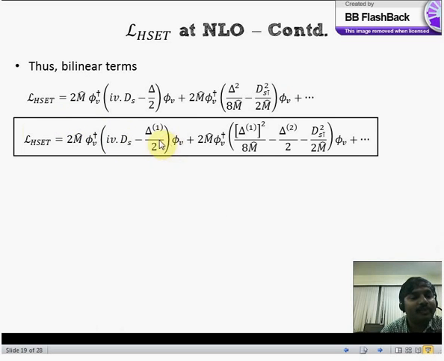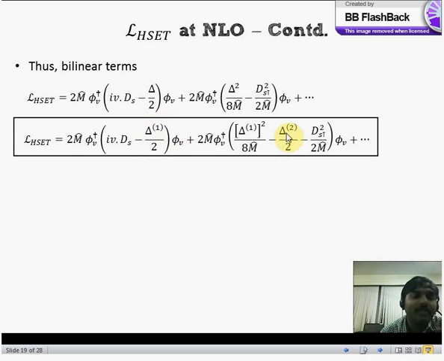We're actually looking for this kind of a Lagrangian, where you have the first order delta sitting over here and a second order delta over here. You've borrowed this first order delta, taken the second order delta over here, and this is a second order term. So these terms are all NLO terms. These terms are all the LO terms that we were familiar with. The delta we were speaking of earlier is this delta over here.